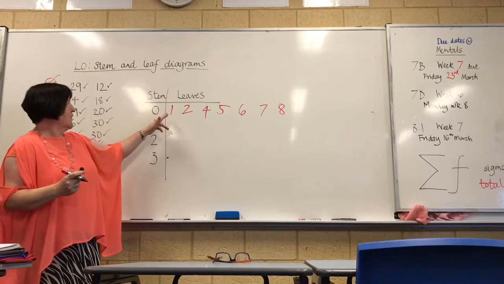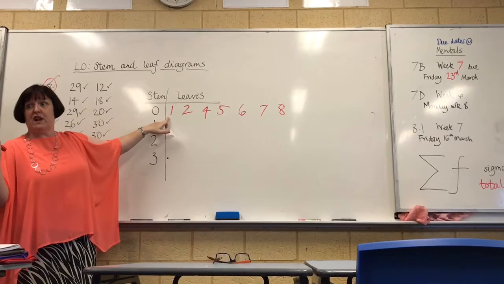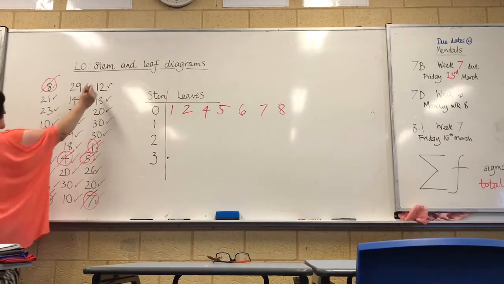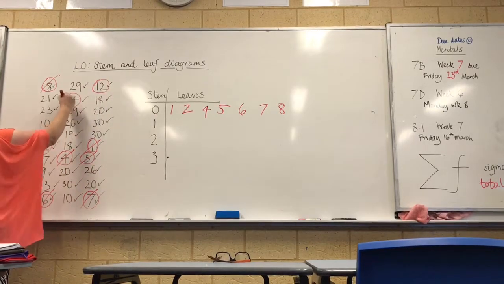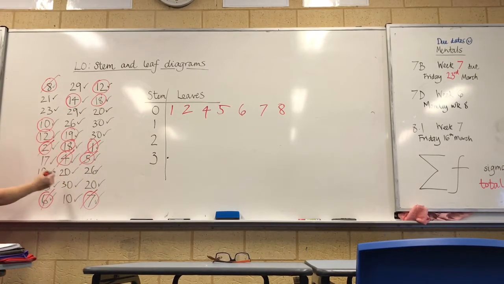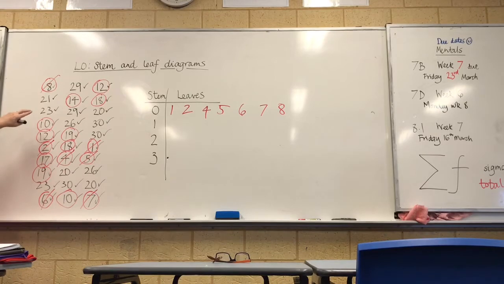So we know our lowest value is 1, because that was the lowest bit of data. Now tens, so let's have a look at this one. We'll circle those. This is going to be slightly harder to do because it's more data to look at and you've got to be a bit more careful.